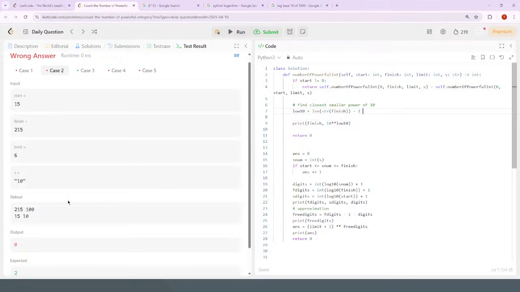Subtracting 1 gives you 1 less digit. So let's say low closest power of 10 is pow 10, close pow, the length of the string.